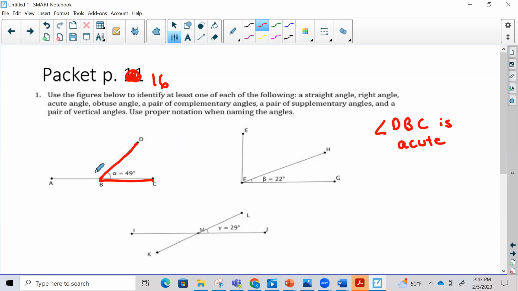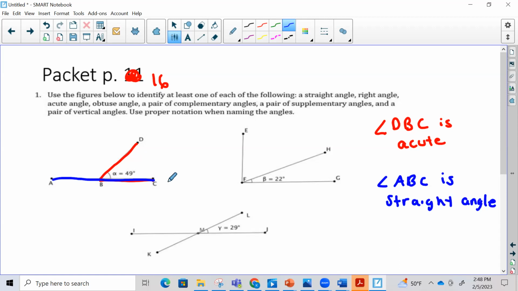So if we think about this other angle here, we know that angle ABC is a straight angle because it forms that straight line and it would be 180 degrees.